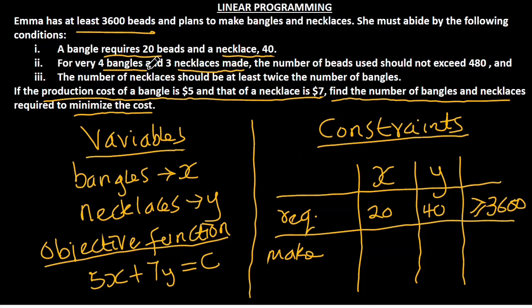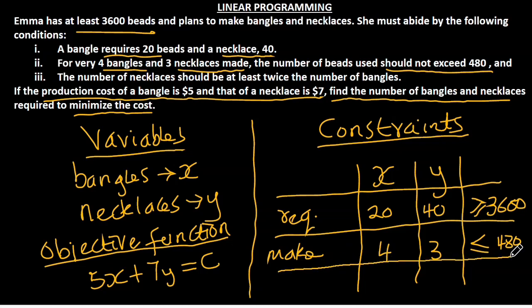So the number of bangles and necklaces made should not exceed 480. At this point I will come down and write that these are 4 and these ones are 3. They should not exceed, so our inequality now becomes less than or equal to 480.